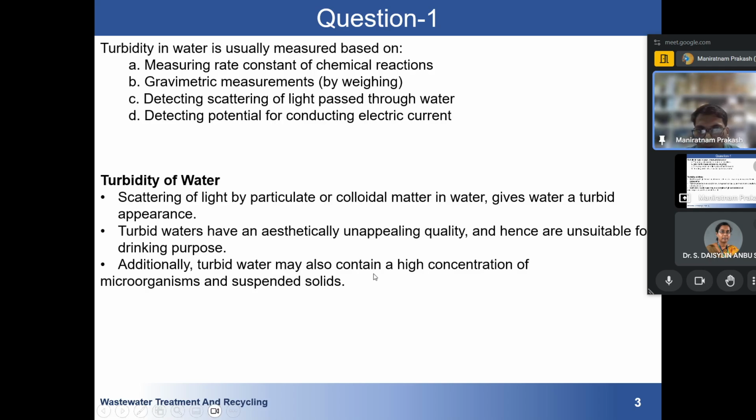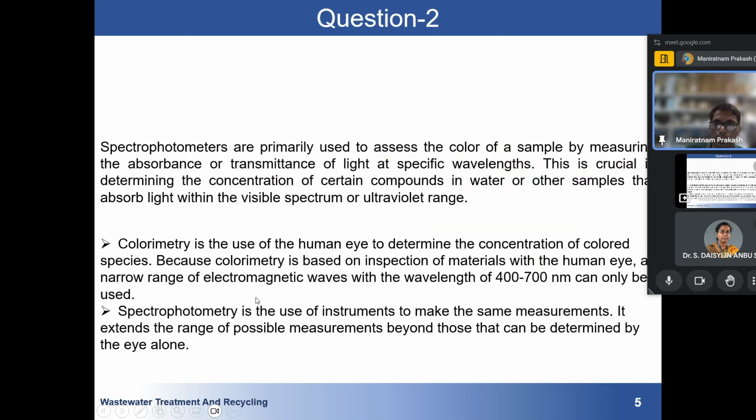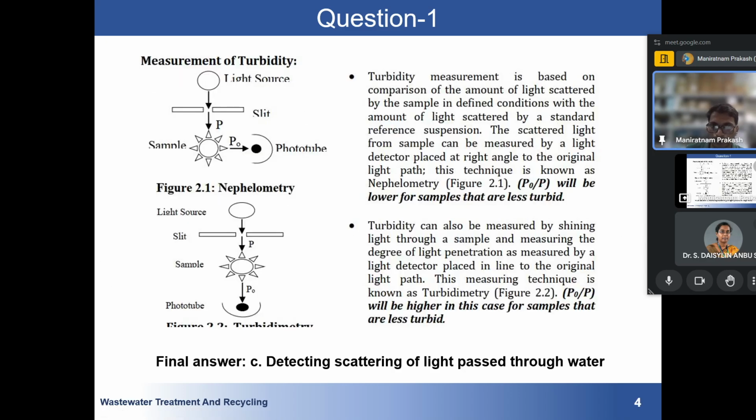Additionally, turbid water may also contain a high concentration of microorganisms and suspended solids, which I have already said. So if you look, there are generally two methods of measurement of turbidity, that is, two instruments. One is the nephelometer and one is the turbidity meter.